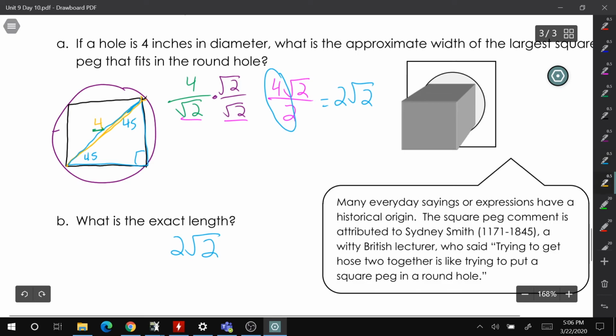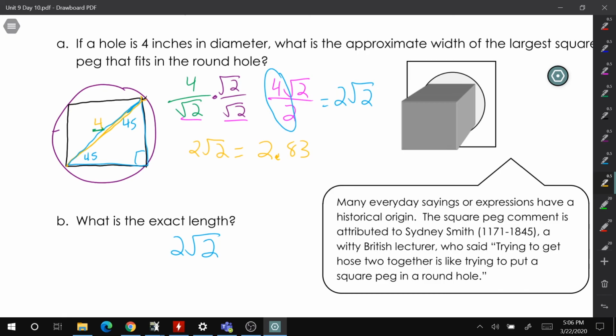But what this problem is asking for in letter A is the approximate length. So you want to type that into the calculator. 2 times the square root of 2 is approximately 2.83. You could have used special right triangles for that one. You could have also used the Pythagorean theorem.